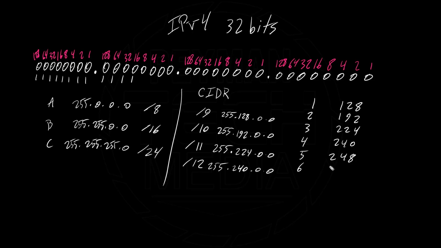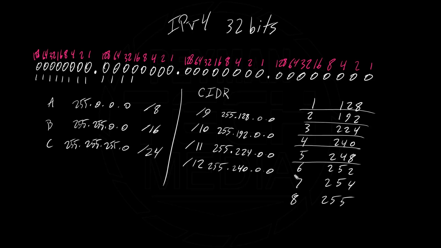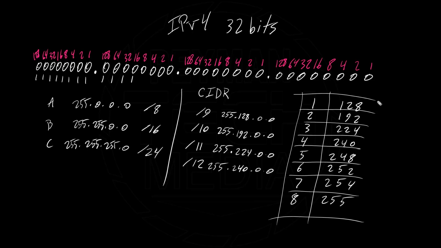When we borrow 6 bits, 252. When we borrow 7 bits, 254. When we borrow 8 bits, it's 255. So always keep in mind, this is the table that you need to memorize, because it is always the same.